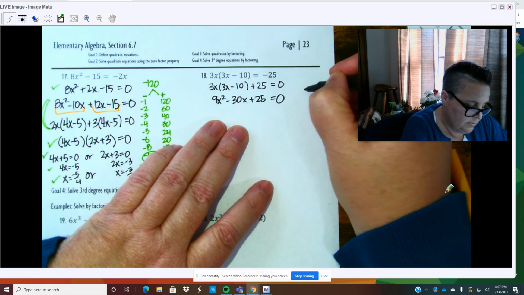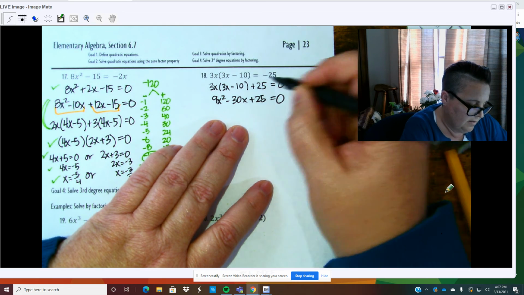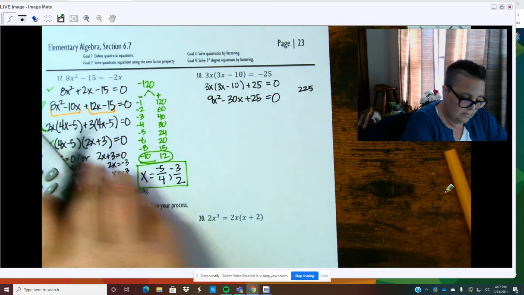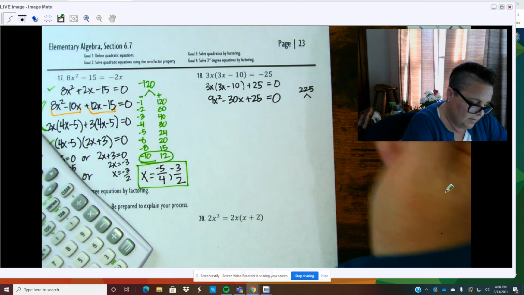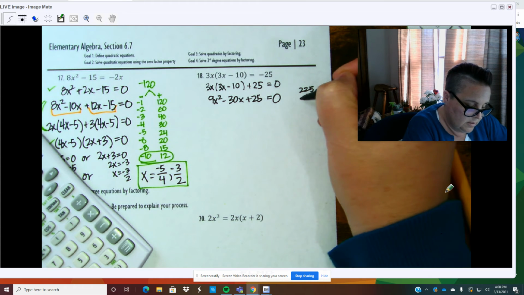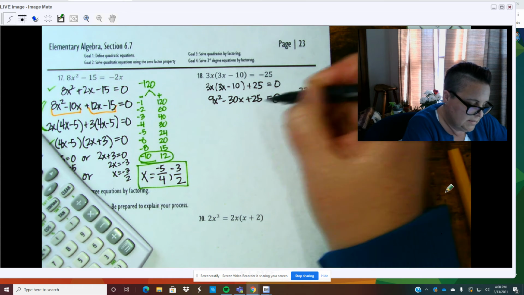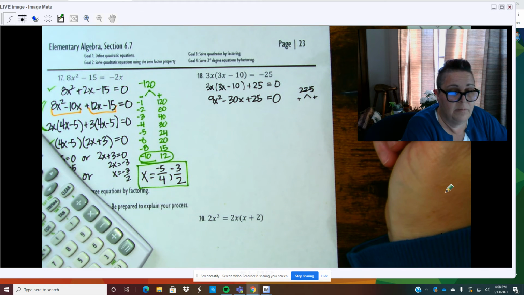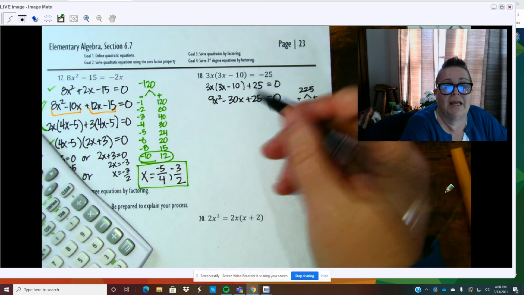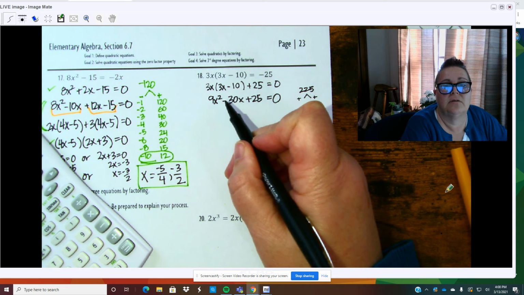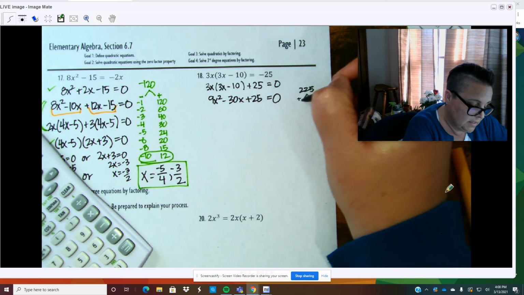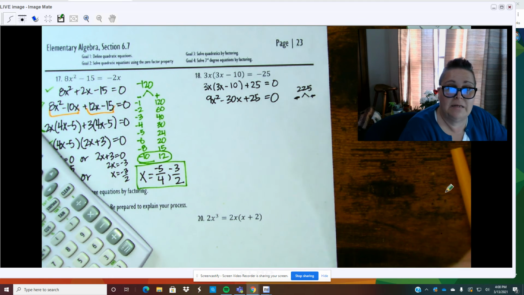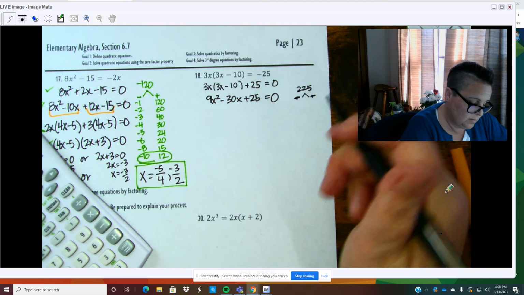So 9 times 25 is 225. It's positive. Okay. So the factors of 225, they're either going to be both positive, because that's positive, or they're going to be both negative. I'm not sure which yet. Oh, yeah, I am. That's minus. Because that's minus, I know we're going to be both negative here. Okay, so I need both factors to be negative for 225.